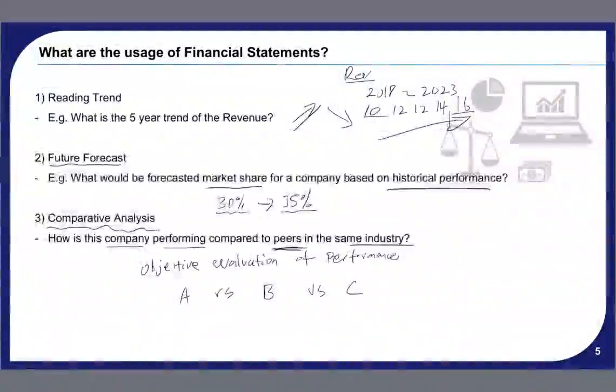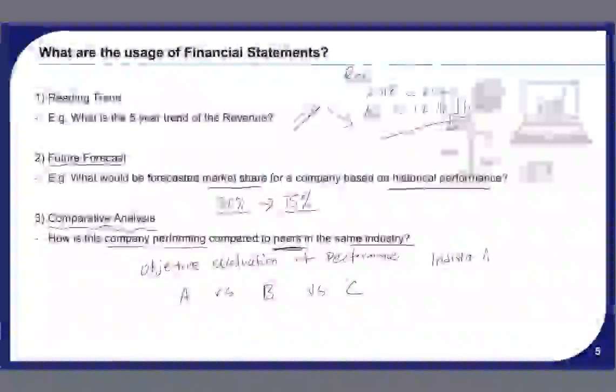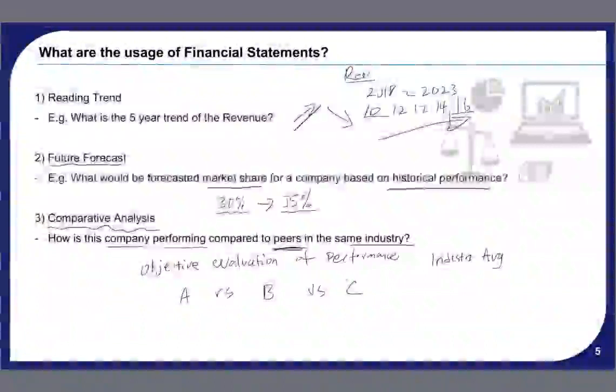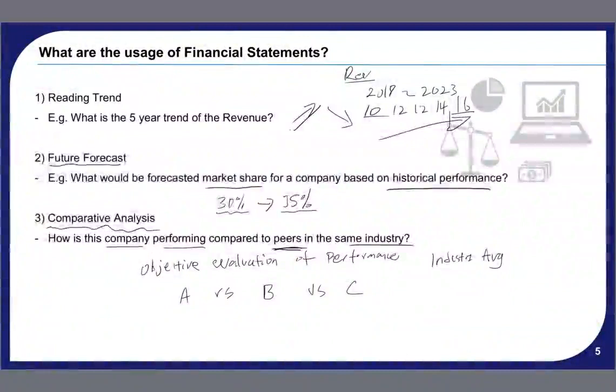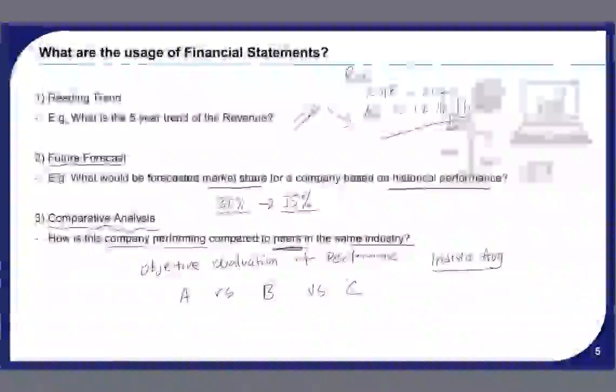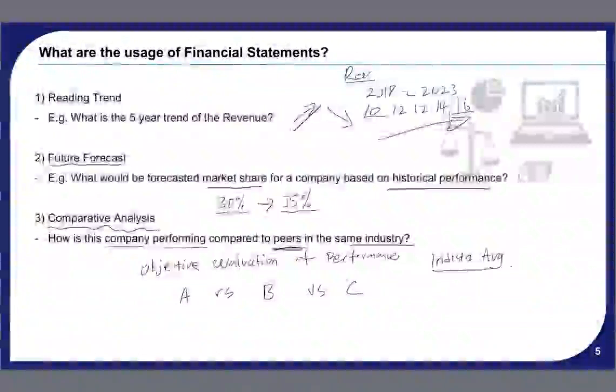So let's say the industry average of a certain ratio, let's say the current ratio.